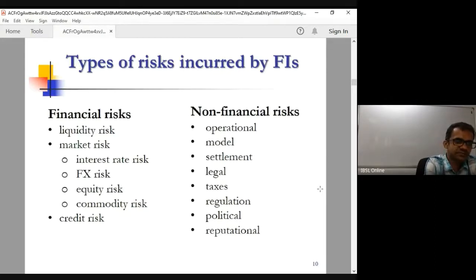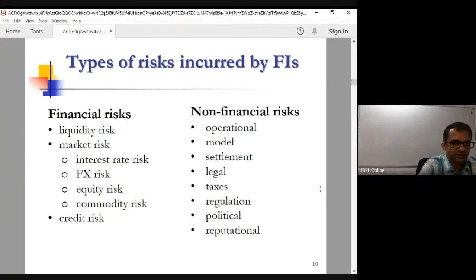Non-financial risk is the risk in our operational activities, whatever models that we use, and risk events happening in the environment, like this pandemic, things like that. Those are non-financial risk. But whatever this risk, the ultimate result would be a financial loss, not necessarily. Again, even a financial risk event may not give you a financial loss necessarily. But even a non-financial risk event may give us a financial loss.